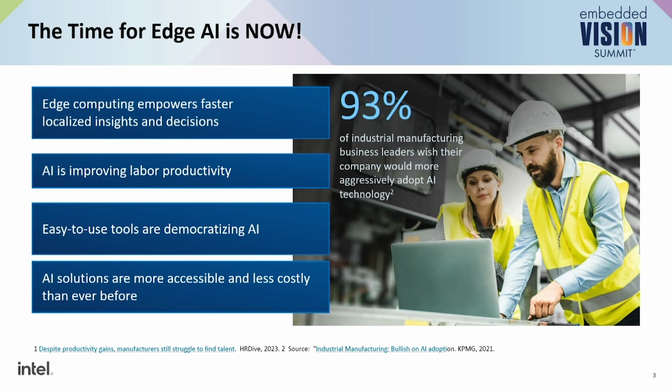Because of that, a large amount of data gets generated on the edge. If we empower the edge and help make faster decisions there, this will improve the overall processing. And that's the reason we believe the time for edge AI is now.